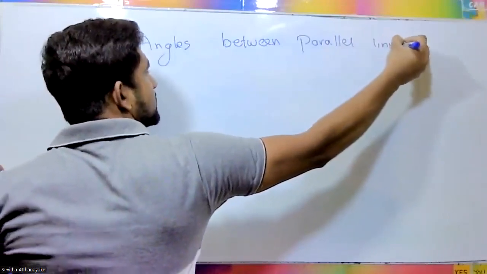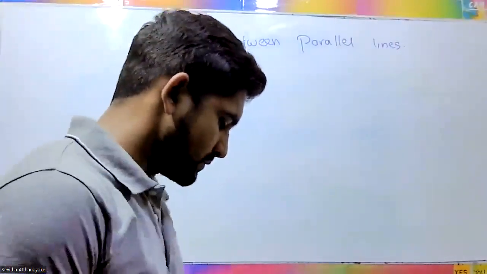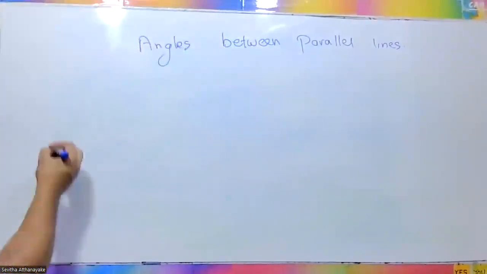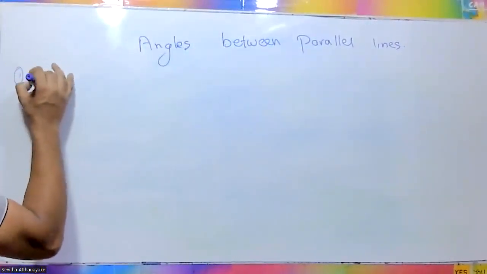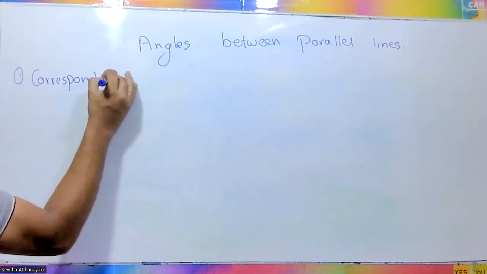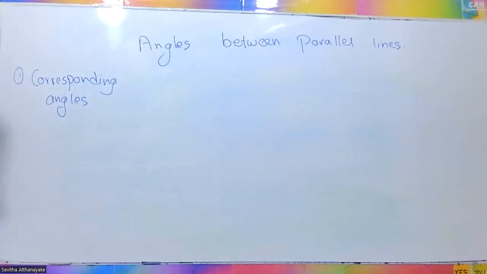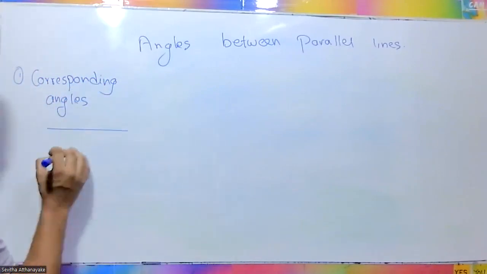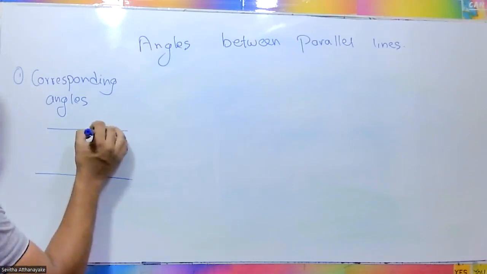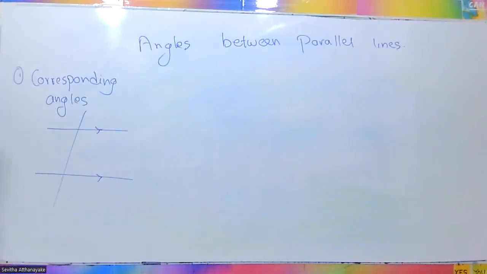Angles between parallel lines. First one, corresponding angles. Here, suppose we have two straight lines and one line is intersecting both.